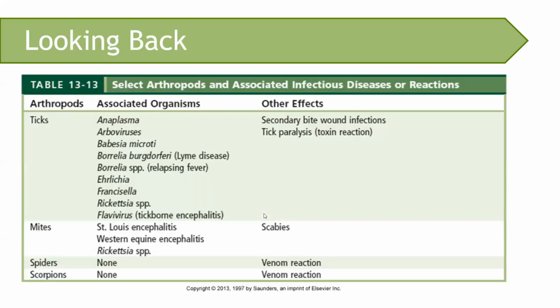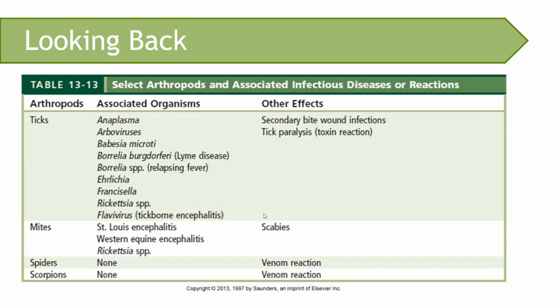So here are the arthropods and their associated organisms and other effects. You have ticks. Associated organisms are Anaplasma, arbovirus, Babesia microti, Borrelia burgdorferi, the causative agent of Lyme disease, Borrelia, the causative agent of relapsing fever, Ehrlichia, Francisella, Rickettsia species, and Flavivirus, tick-borne encephalitis.